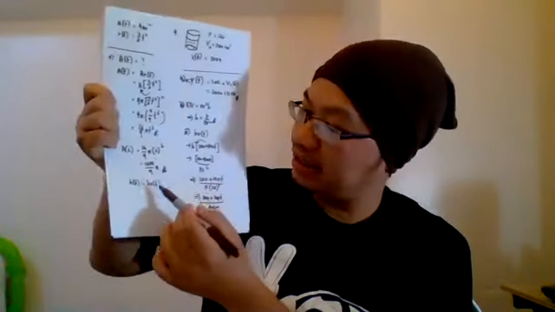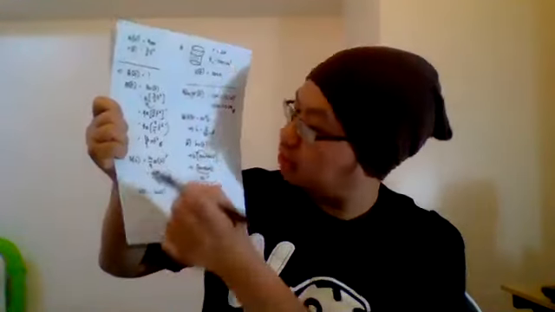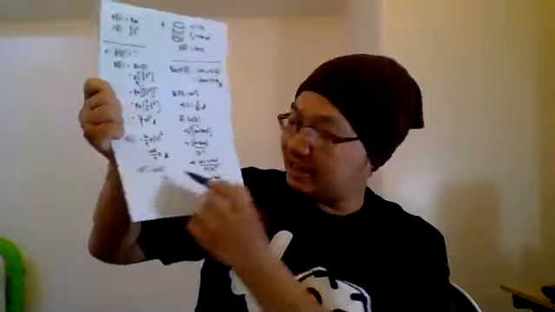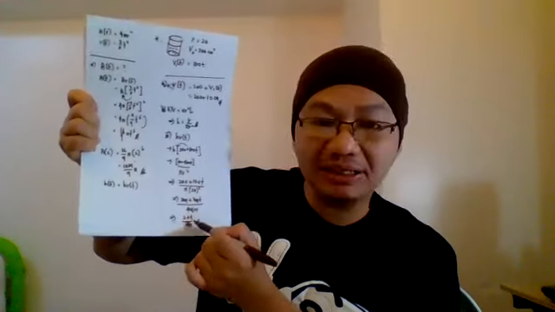We know that the time here is 20 seconds. So we need to replace the t with 20 seconds. So it becomes 2 plus 20 over 4 pi.